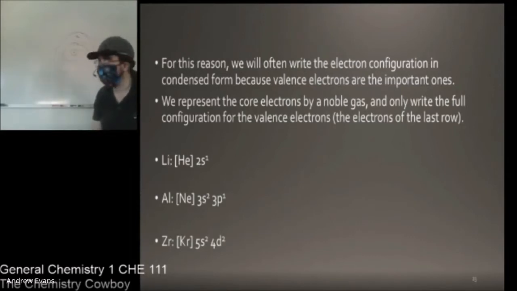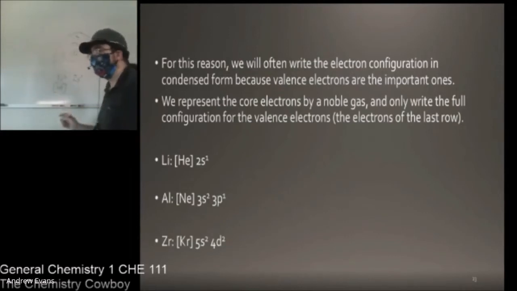Lithium is typically 1s2, 2s1. But lithium is in the second row, so I move one row up to row 1, all the way over to helium. Helium is the same as 1s2, because helium has that electron configuration.